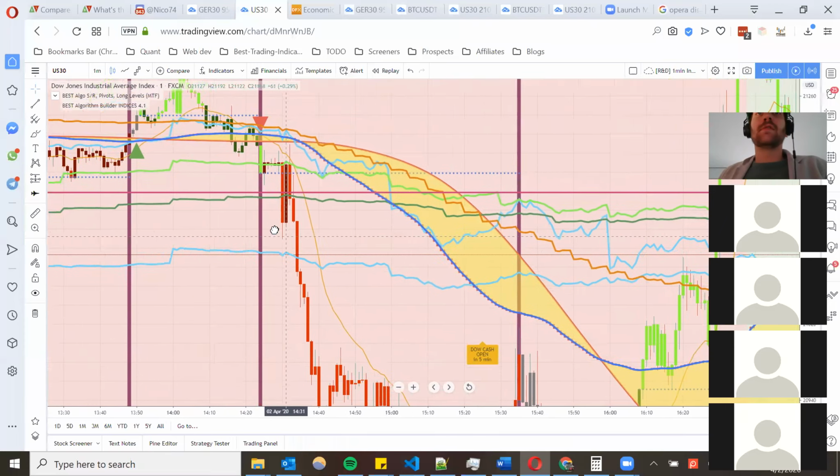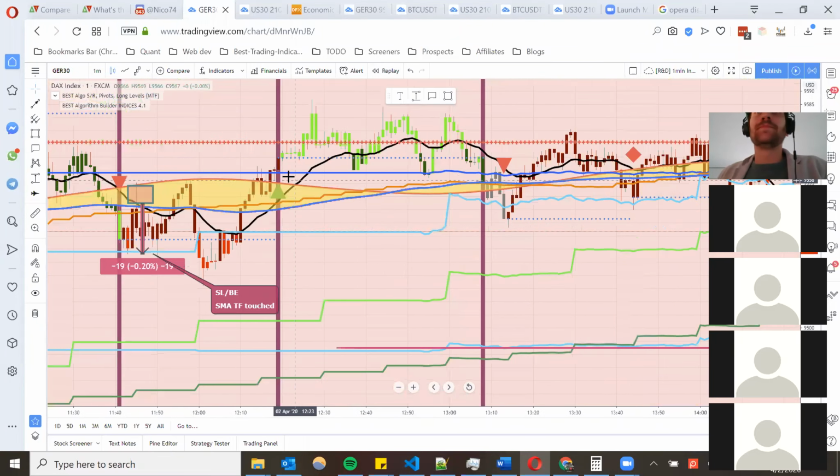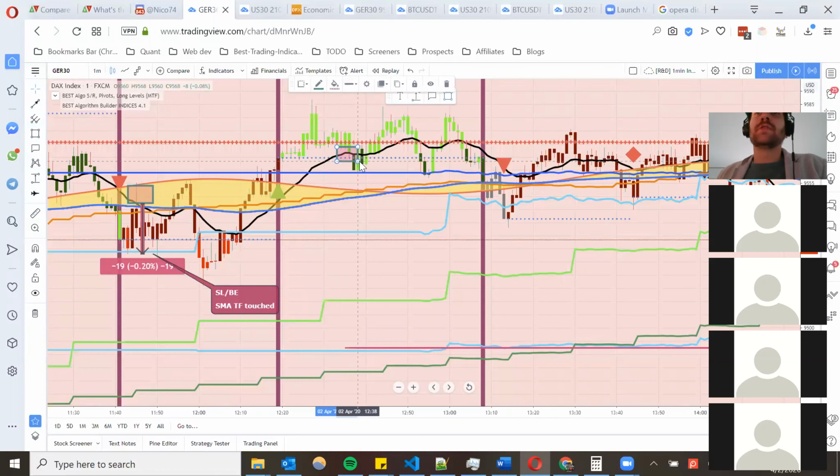Okay, let's keep going with the DAX. Here we have a long. In that case, I would say the entry zone is here, and that trade is easy now, kind of.